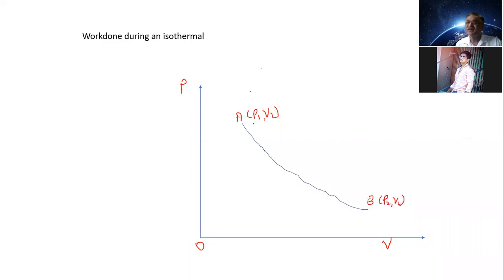A is the initial state of the gas and B is the final state of the gas.